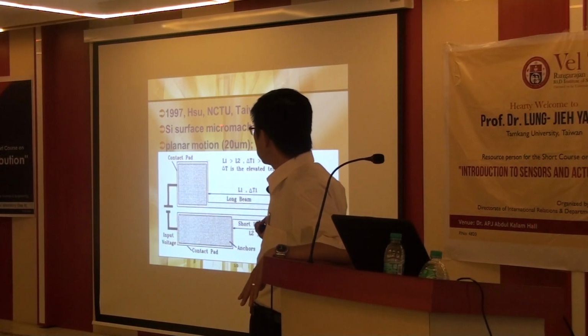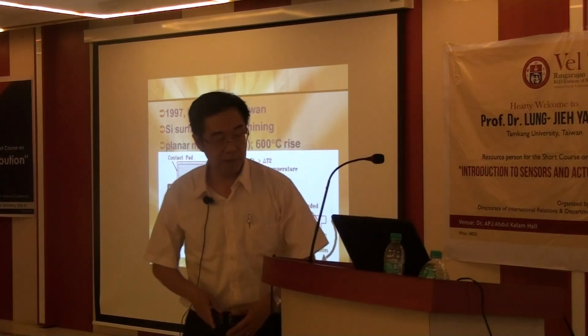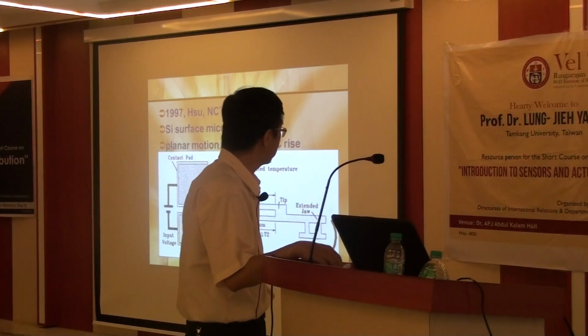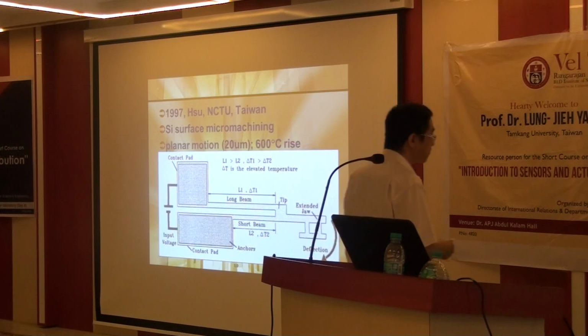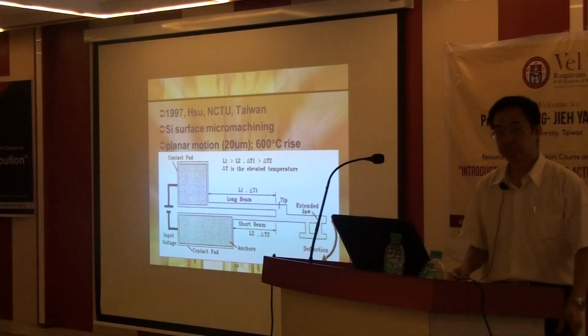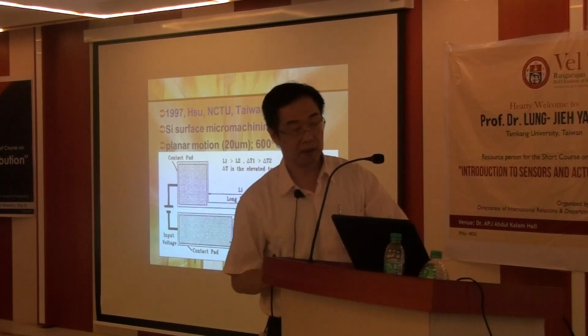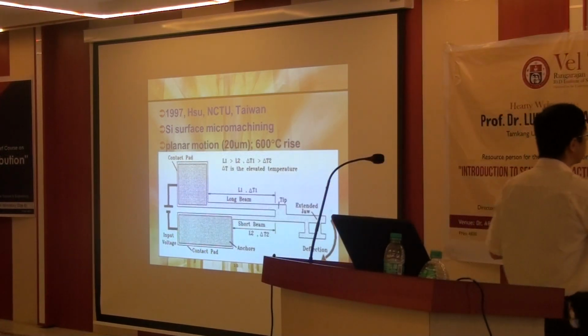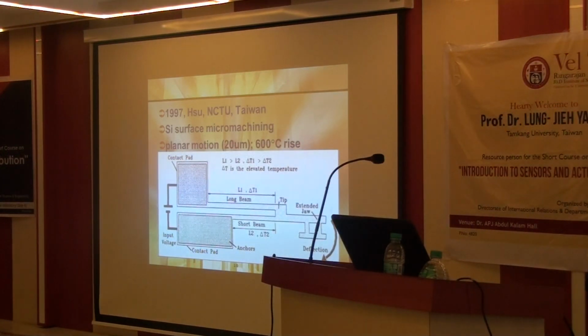They use silicon surface micromachining. Maybe you forgot what surface micromachining is. Actually, they use this concept. At first we have the sacrificial layer, deposited on our substrate, on our silicon wafer.